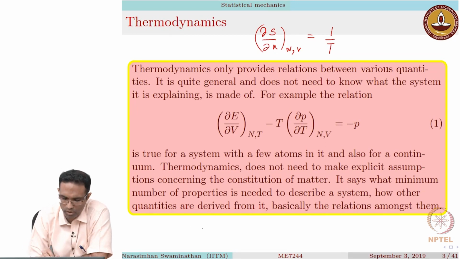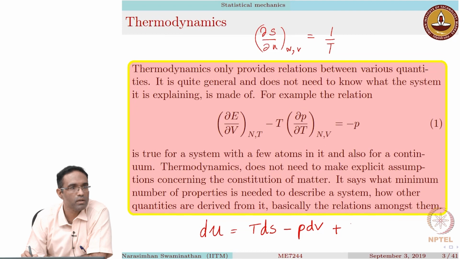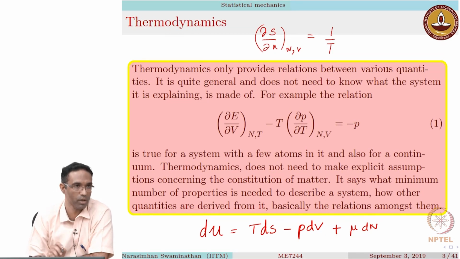You have all seen this. Plus what else will come here? Material science students? Chemical potential, μ dN, right? So we need to know a little bit of this thermodynamics if you want to appreciate statistical mechanics somewhat.